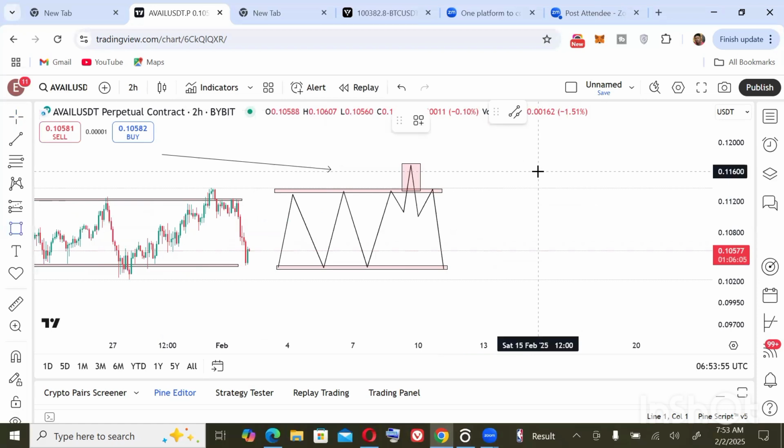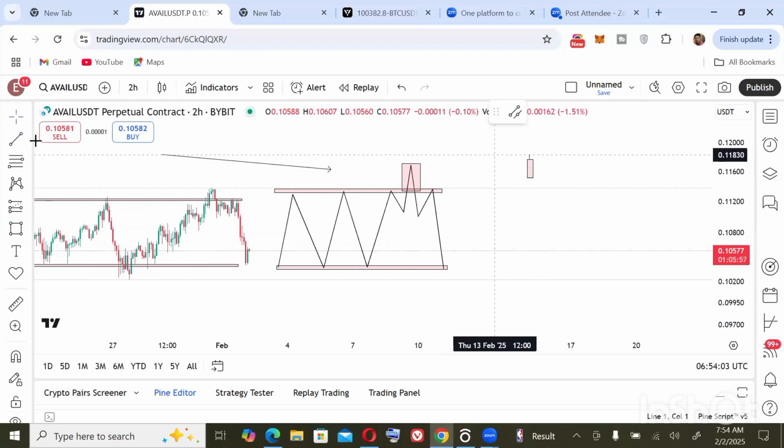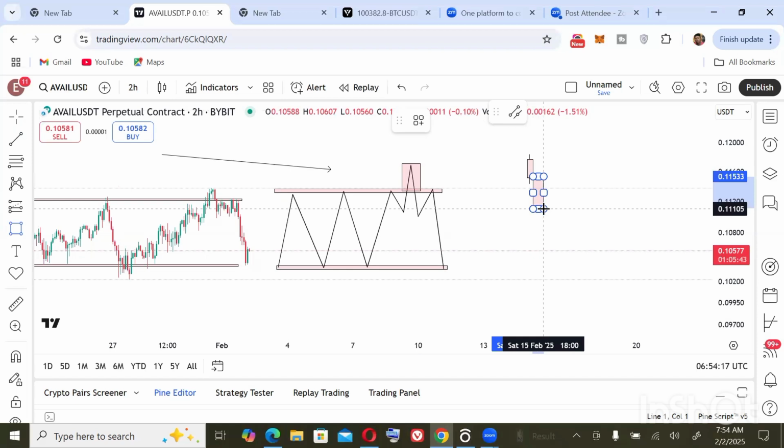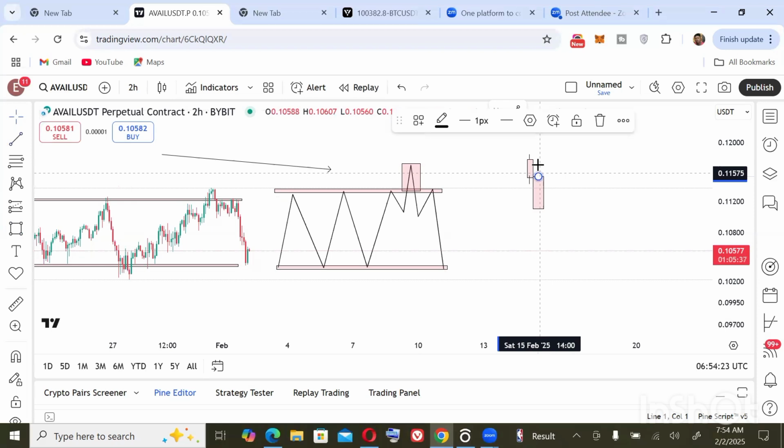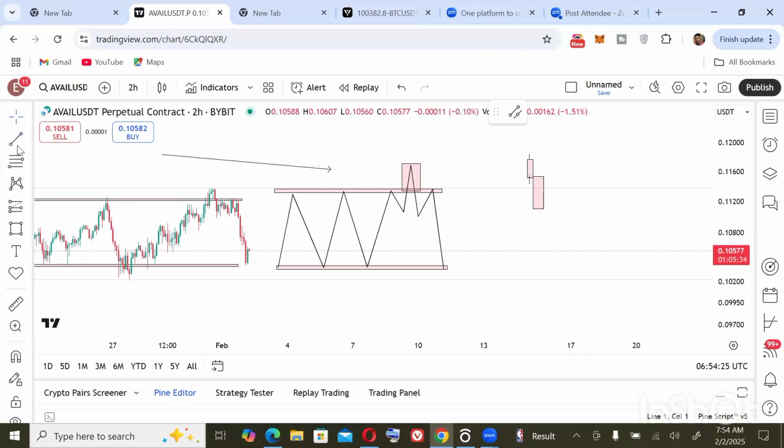Now, let's assume we have a candle like this. We have a wick, obviously, on top of it. And then we have a big candle.